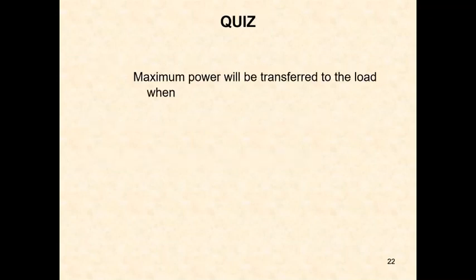Maximum power will be transferred to the load when RL is equal to RS, RL is equal to XL, or RL is equal to XS? The answer is RL is equal to RS.